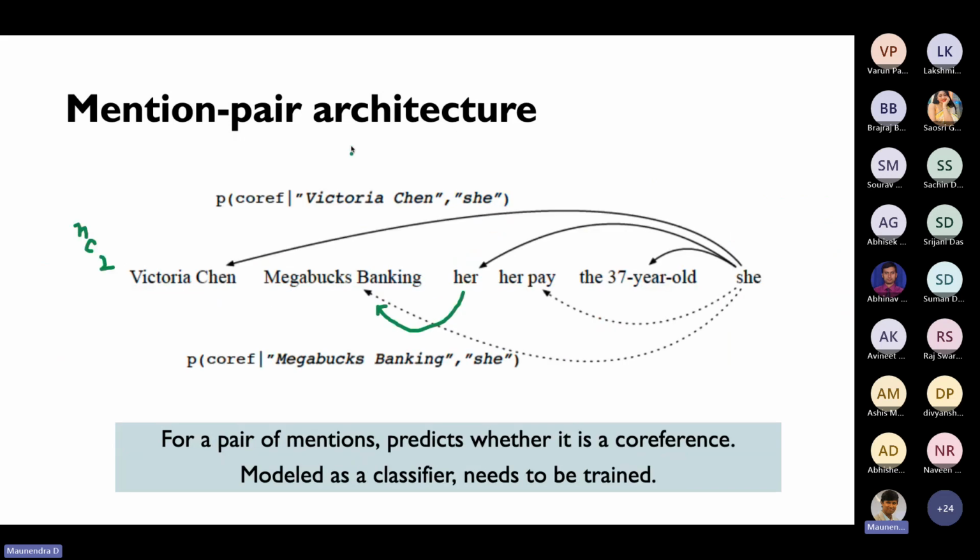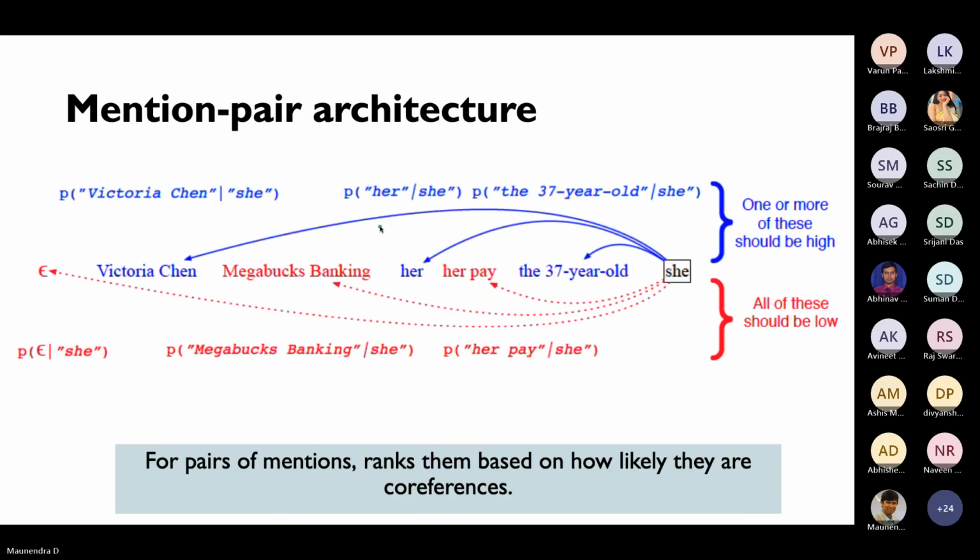Then there is the mention ranking architecture. Here, instead of getting the probability for each mention, it says that wherever you have a correct mention, the probability value should be higher than for the incorrect mentions.